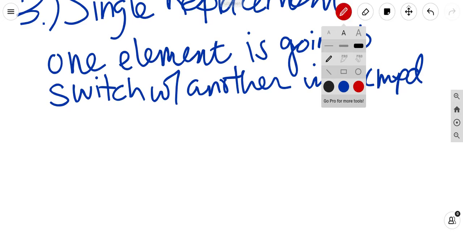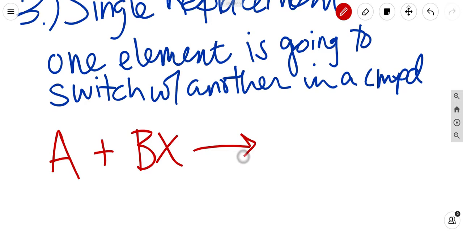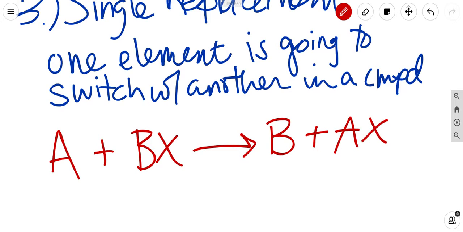So this is its general form: A plus BX, and I'm just using random letters. Yields. Well, in a single replacement reaction, what's my single thing? It's A. It's going to come in and kick out the cation, the first thing in a compound.